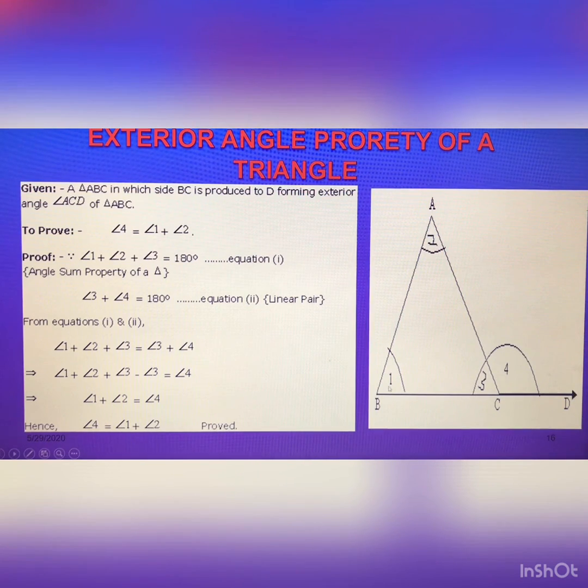Now the remaining angles are angle 1 and angle 2. Angle 1 plus angle 2 equals angle 4. This is known as the exterior angle property. Otherwise we can say that angle 4 equals angle 1 plus angle 2. So this is the exterior angle property.